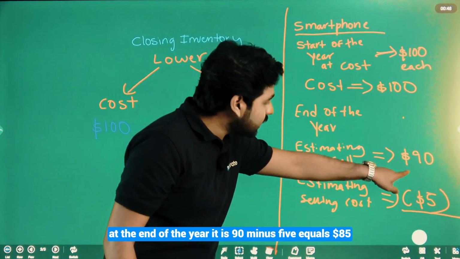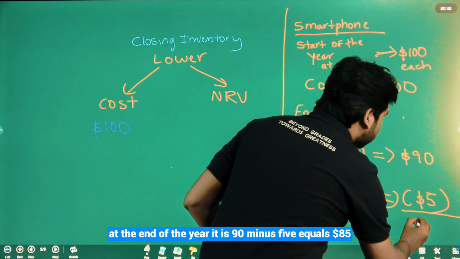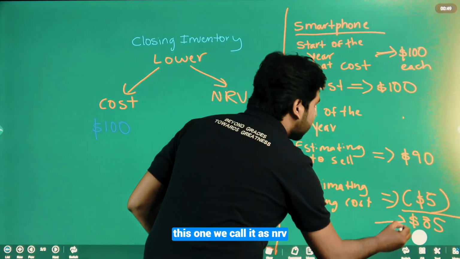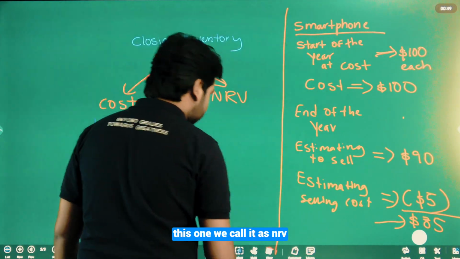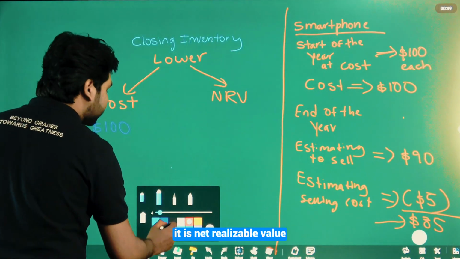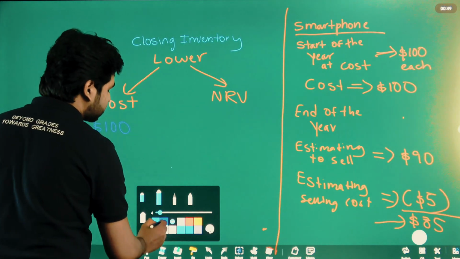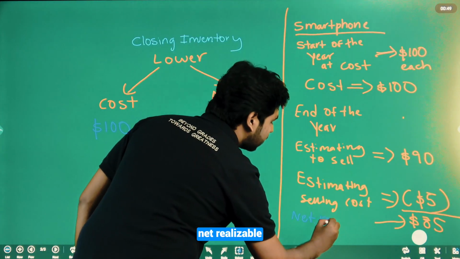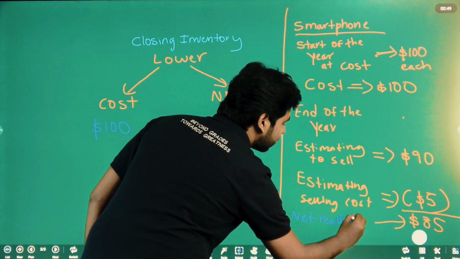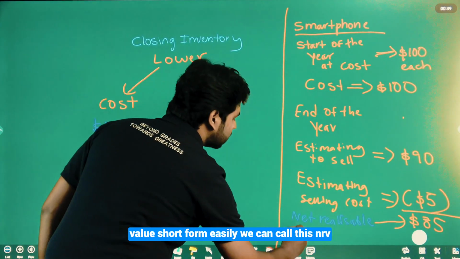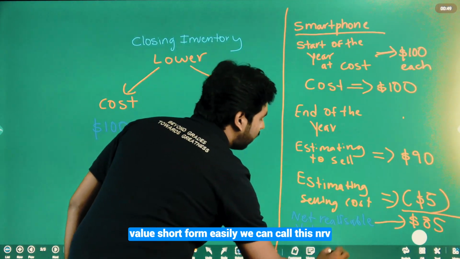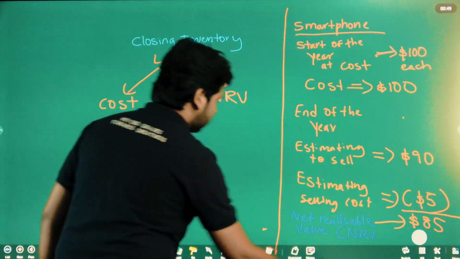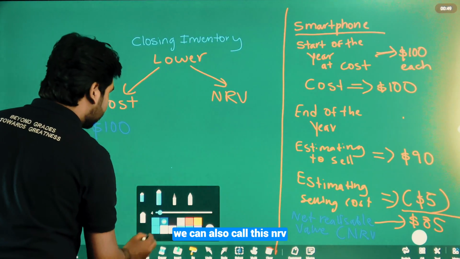It is 90 minus 5 equals $85. This one we call NRV. The full form is net realizable value. Short form, we can easily call this NRV.